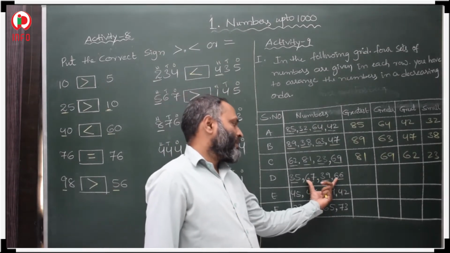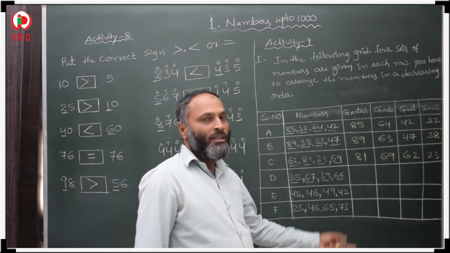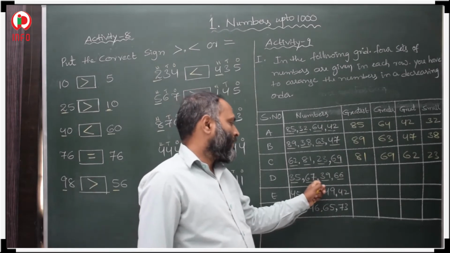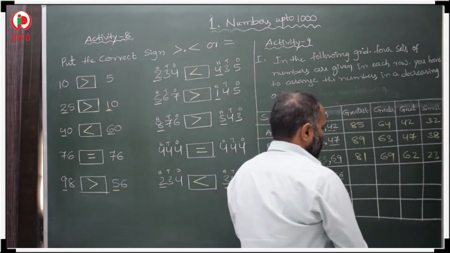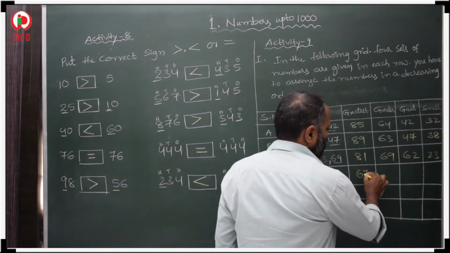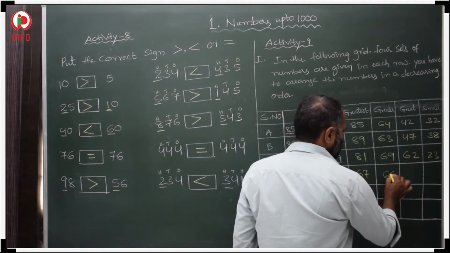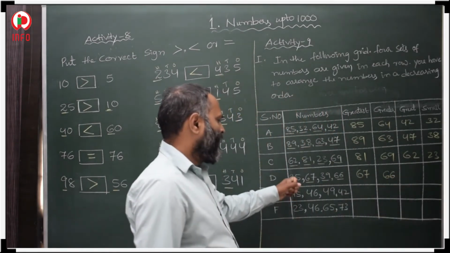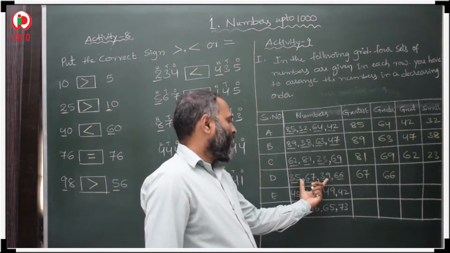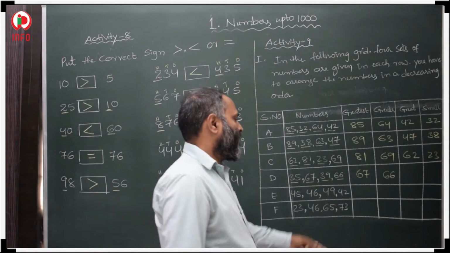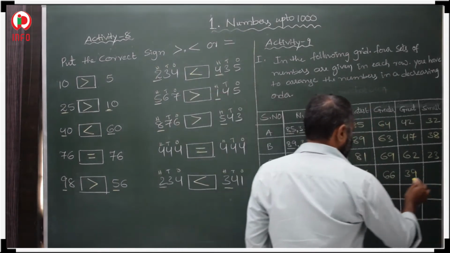Because here the tens place is the same. If the tens places are the same, then we check the ones places. 67 is the greatest number. Then the greater number is 66. Then the great number: in 35 and 39, in the tens place 3 is there, in the unit places 5 and 9 are there. 9 is bigger, so we take 39, and after that 35.